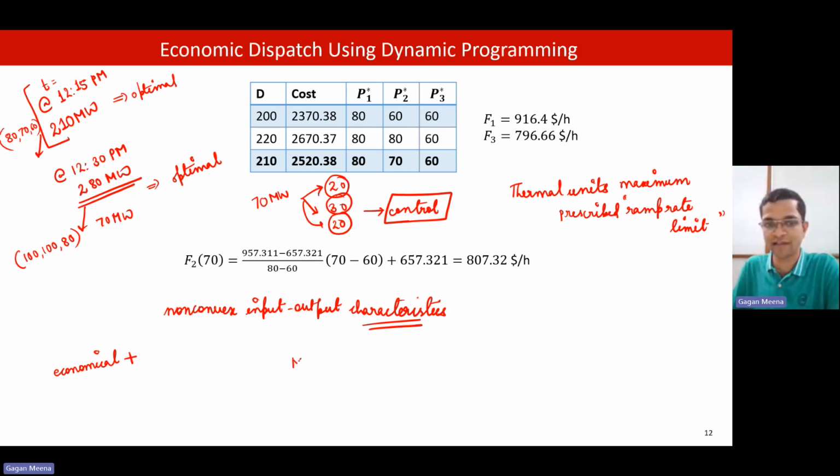This is generally given as a rate, megawatt per minute. For each minute, how much generation output the generator can change. It can be 1 megawatt per minute. Or let's say it is 2 megawatts per minute.